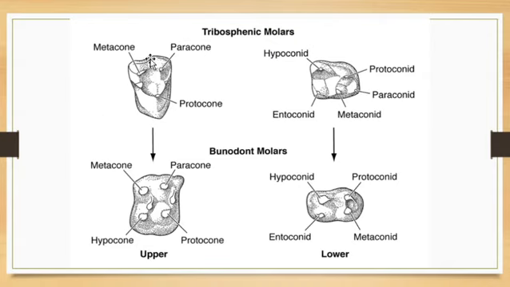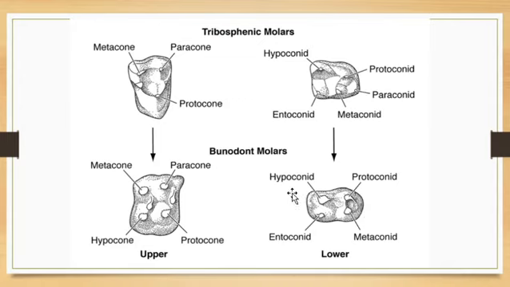On the surface, you have three cusps: metacone, paracone, and protocone. In the bunodont, you have there the metacone, paracone. On the upper portion, we have the protocone and the hypocone. On the lower parts of the mandible, the molars have 4 pointed areas.